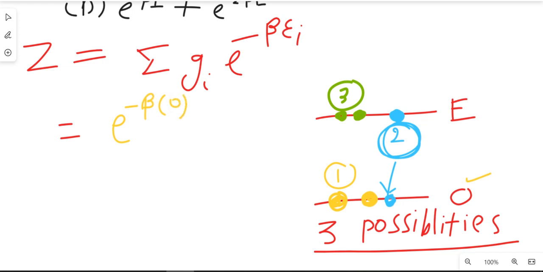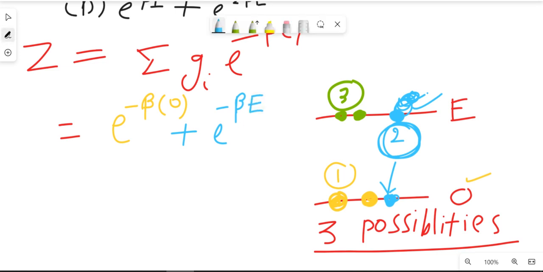So I put 0 here. Then the second one, in blue: the energy will be E only, since this boson has only energy E and this boson has energy 0, the ground state energy. So for the second I write e raised to minus beta E, as one boson is in the E energy state.